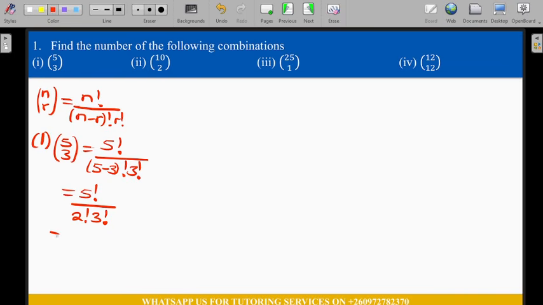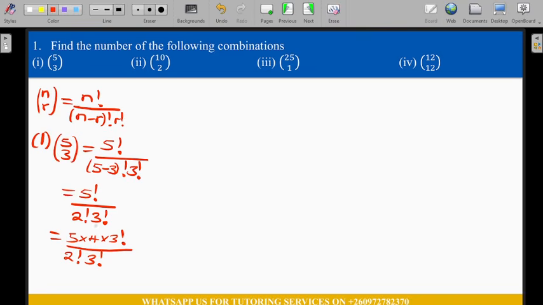Then we look at the bigger number with a factorial, which is 5 factorial. We reduce it up to 3 factorial, the number close to it. So we say 5 times 4 times 3 factorial, remember, so we end at 3 factorial, over 2 factorial, 3 factorial.